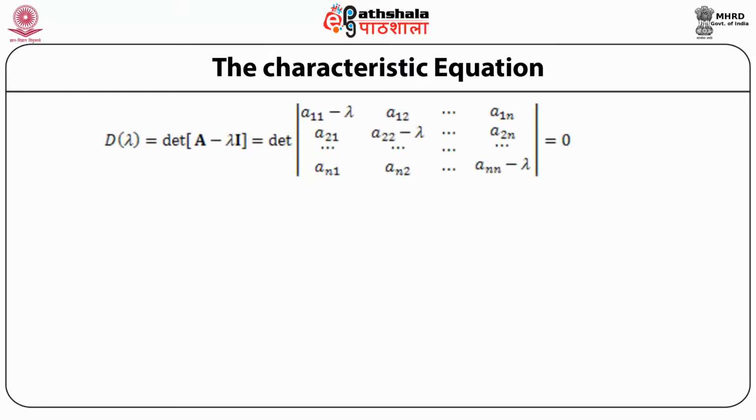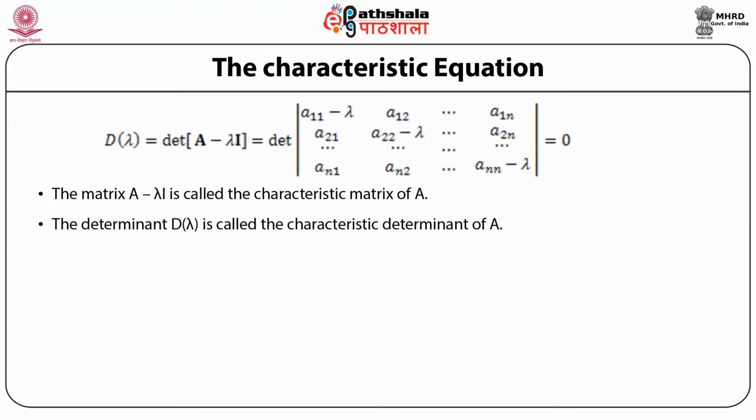Determinant D of lambda is equal to the determinant of the matrix A minus lambda I, which equals the determinant of the matrix with the first row elements being A11 minus lambda, A12 and so on till A1n, second row being A21, A22 minus lambda and so on till A2n, and the last row being An1, An2 till Ann minus lambda, which equals 0. The matrix A minus lambda I is called the characteristic matrix of A. The determinant D of lambda is called the characteristic determinant of A.